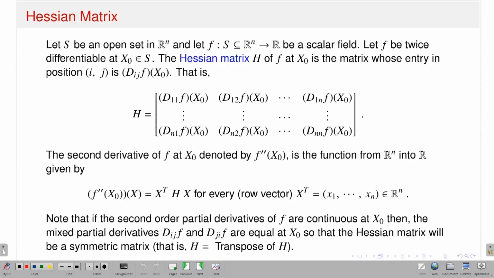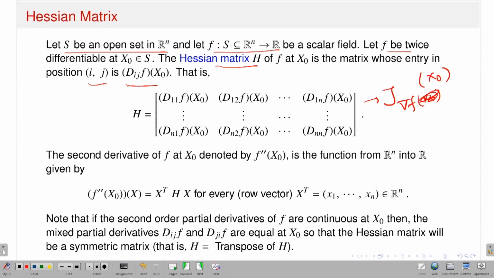Just to recall the Hessian matrix, I put it again here. Let S be an open set in Rn. Suppose you have a scalar field f and suppose your function is twice differentiable at the point x naught. Then the corresponding Hessian matrix, whose ijth element is D_i D_j f at x naught, is nothing but the Jacobian of your gradient vector of f at x naught.